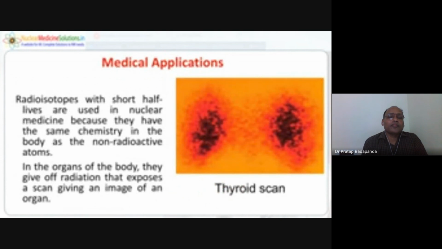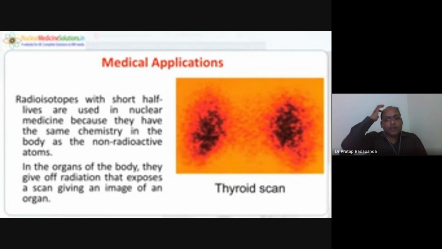Now this particular slide talks about the medical application. As we told, when we talk about radiation or radioactive material, it has certain parameters and certain applications. Radioisotopes with short half-lives are used in nuclear medicine because they have the same chemistry in the body as a non-radioactive atom. In the organs of the body, they give off radiation that is detected to produce a scan giving an image of an organ.